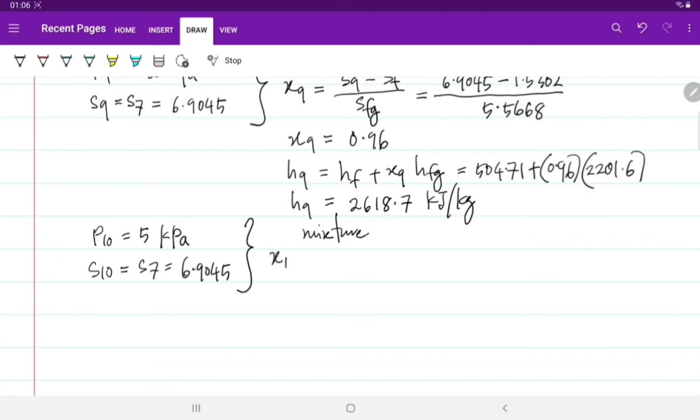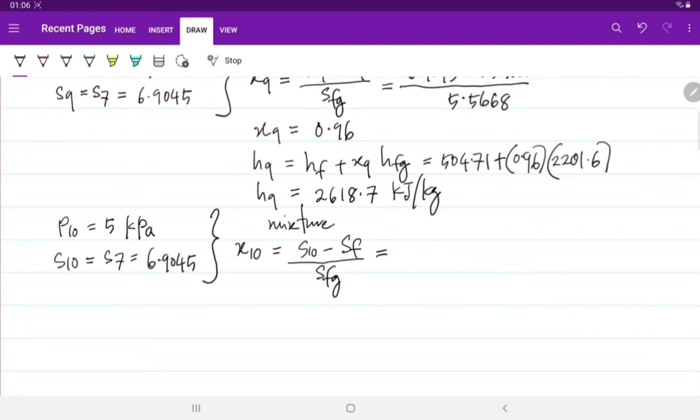Right, find X10 by using entropy, S10 minus SF divided by SFG. Can refer to the steam table for all the properties. S10 is 6.9045.